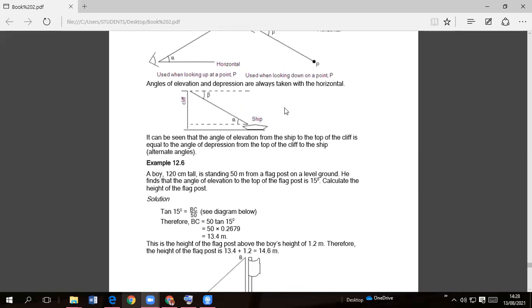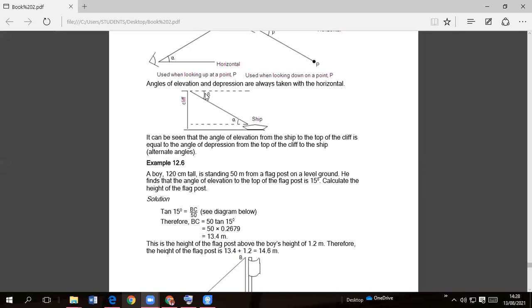You can have someone standing at the cliff and viewing the boat or the ship. That person will be viewing the ship at an angle of depression beta, because he's at the top looking down. Looking down, that's depression.